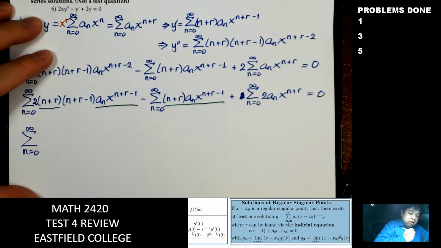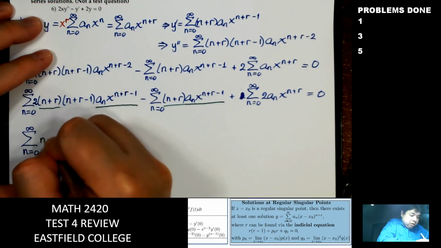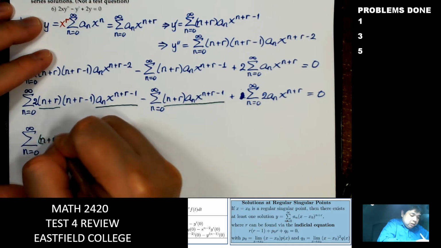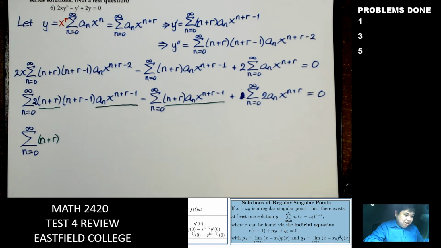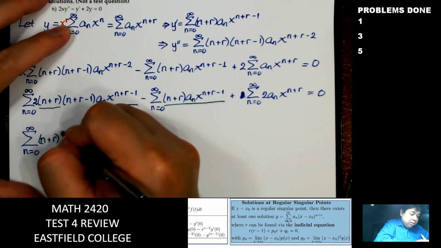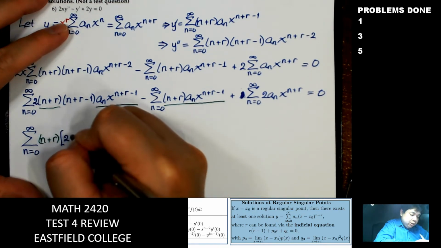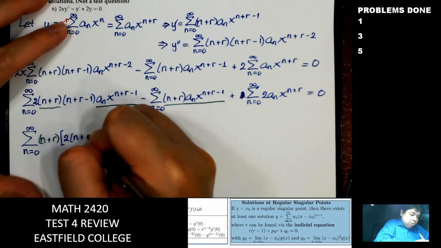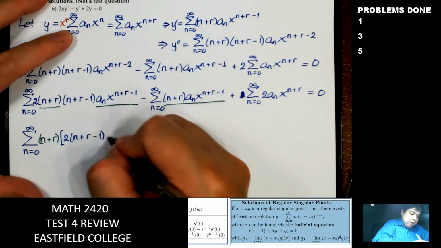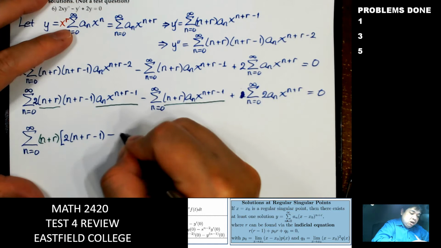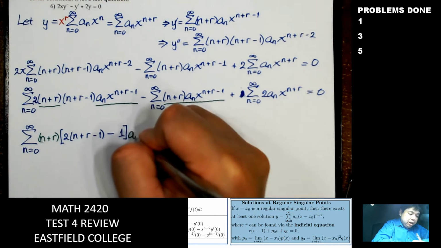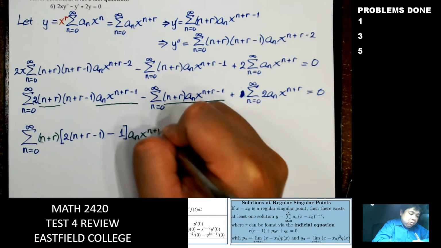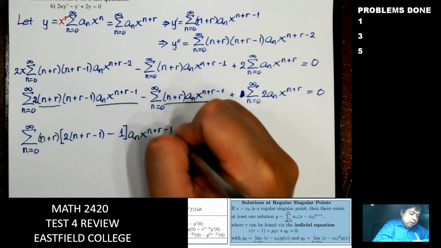So we write the common thing first, the n plus r. The thing that is not common is 2 times n plus r minus 1, minus, there's nothing else that is not common. Also the common thing is a sub n x to the n plus r minus 1.